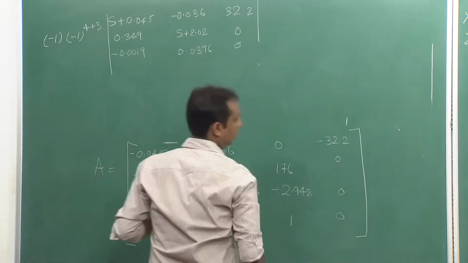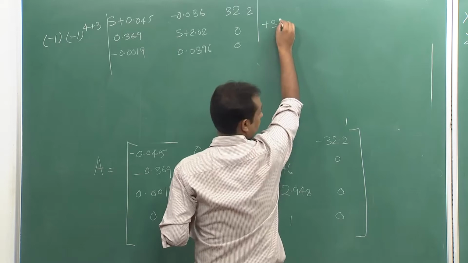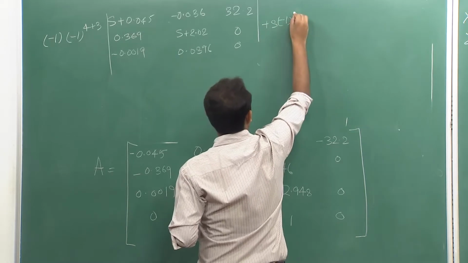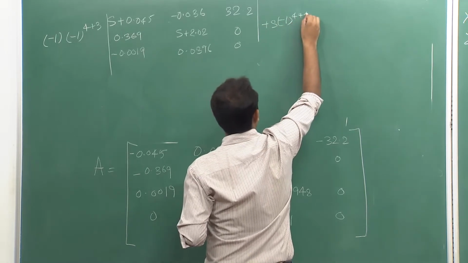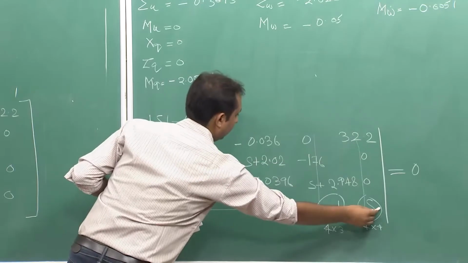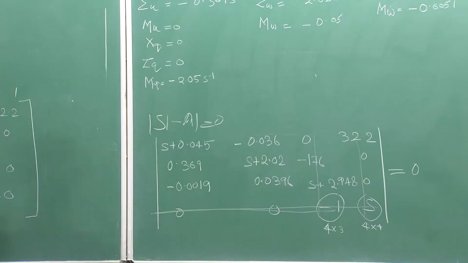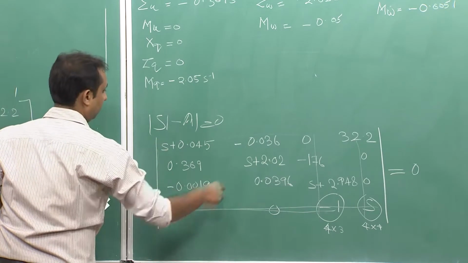This then plus S, and using the same formula, minus 1 to the power of 4 plus 4, and the determinant of the matrix obtained by eliminating the row and column in which the element lies. It will be this whole matrix.